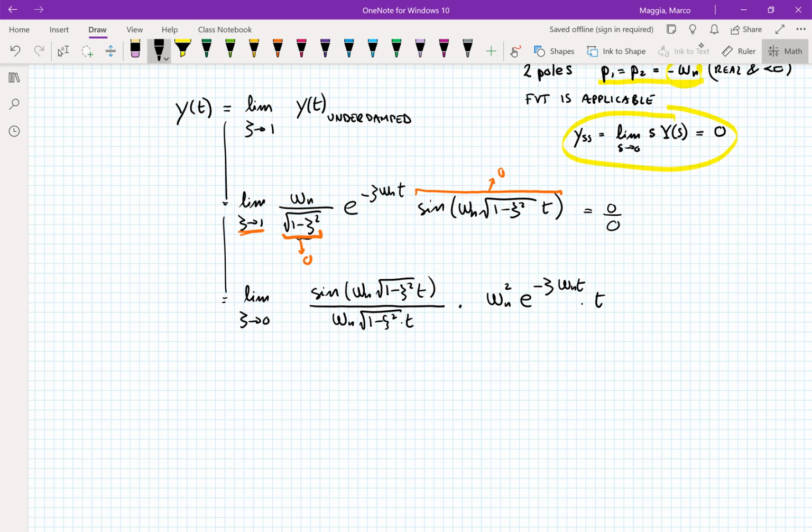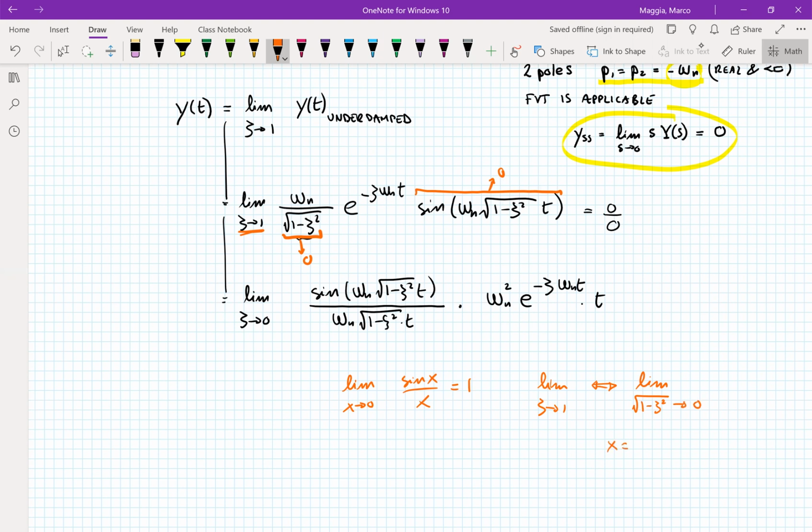Okay, why did I do this? It's because the limit for x that goes to 0 of sine of x over x is equal to 1. So in this case, we have the limit for zeta that goes to 1, but this is indeed equivalent to having the limit of square root of 1 minus zeta squared going to 0.